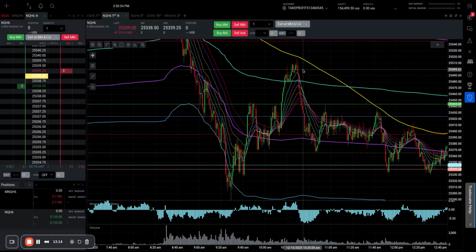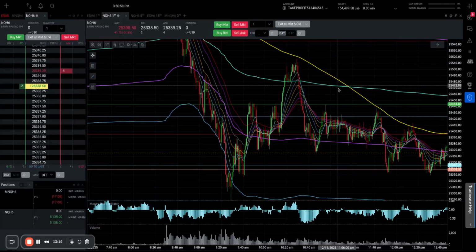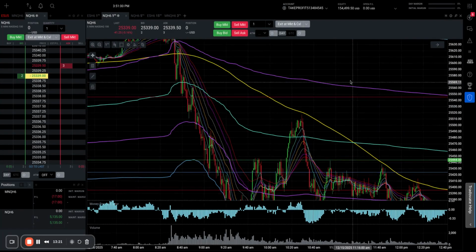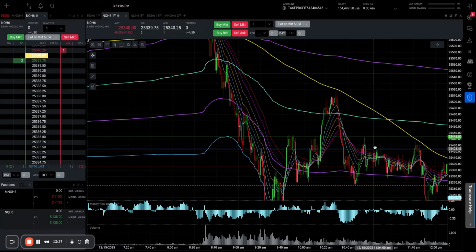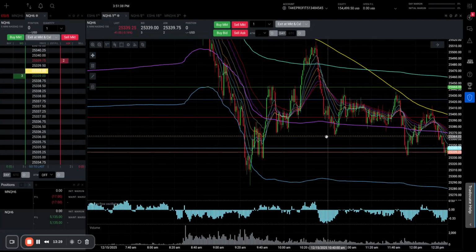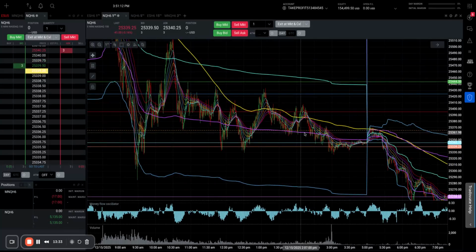If you see here, we were in this zone, this range right here. We didn't necessarily come all the way up here in this area. We stayed under the 200, but look, this was your range until you had a breakdown.